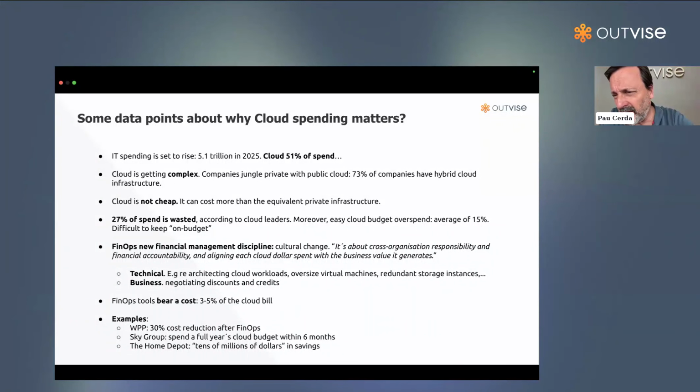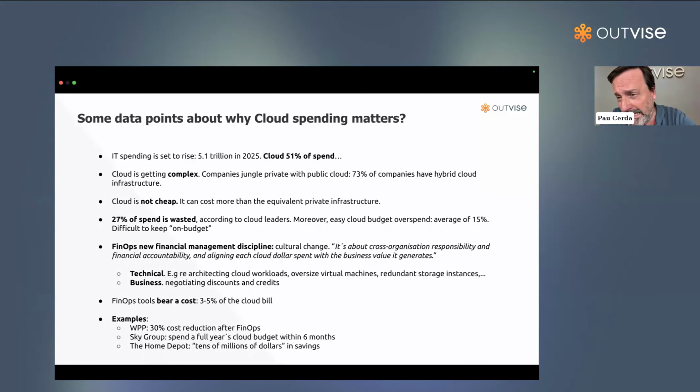It is thought that around 30%, so 27% of cloud spend is wasted, so it's not used. And on top, apparently budgets are difficult to commit to in cloud. We have this statistic that says budgets are overspent on average by 15% by clients.